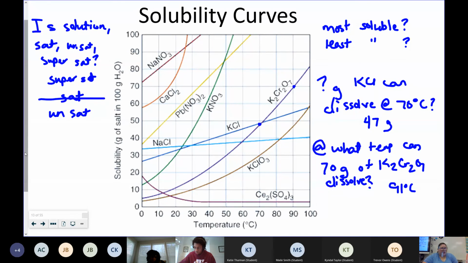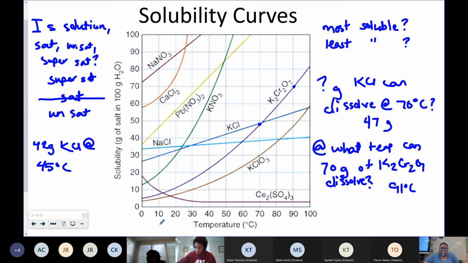All right, let's say that we have 42 grams of KCl at 45 degrees Celsius. And we want to know, is it saturated, unsaturated, or supersaturated?